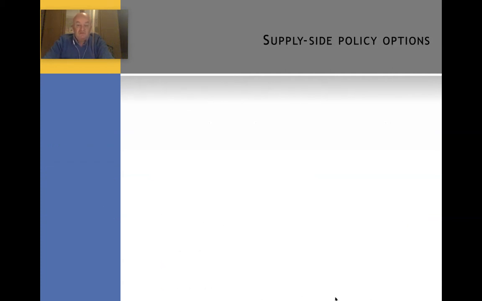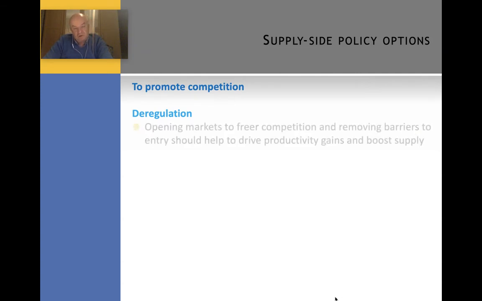So let's have a look at some further supply side policy options then. To promote competition, we talked about a number of things that we can use to try to encourage improvements in supply side. Well, clearly promoting competition can be a good thing. One of the things that the government can do is to deregulate markets to encourage more competition.